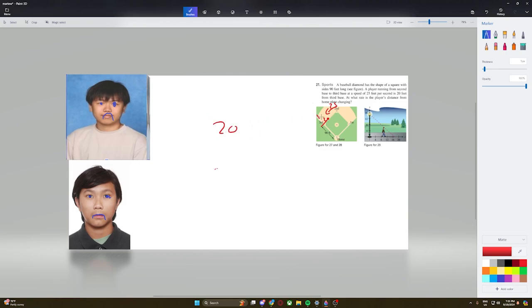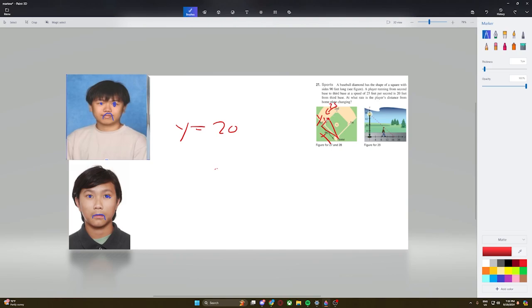Let's say this is Y, and this is X. And what is the distance from home plate, and how is it changing? So this person's running and the hypotenuse is changing. Y equals 20 at this moment.